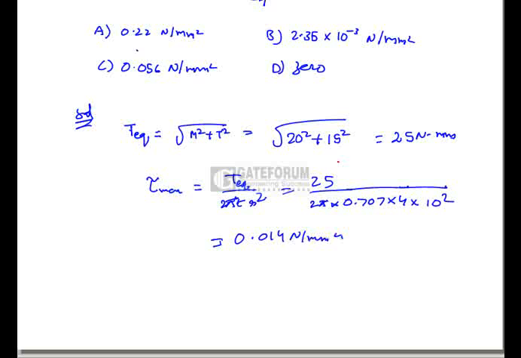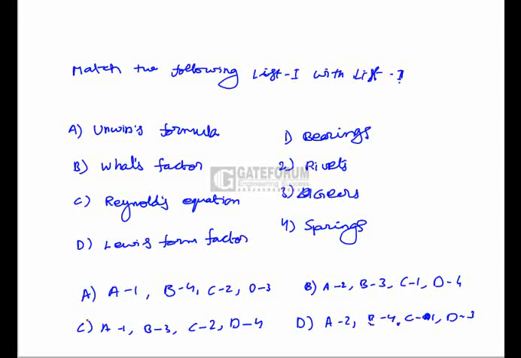So here the correct answer is 0.014 Newton per mm square, and in the options the correct option is D. D is the right answer.